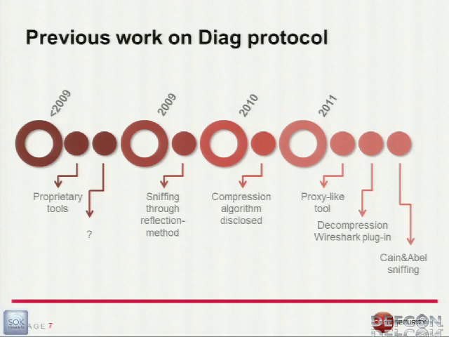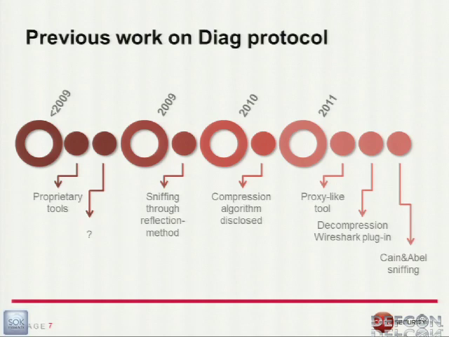So in 2010, Dennis Yurichev published in his blog an article where he found that the compression algorithm being used in the protocol is the same as the compression algorithm used in the MaxDB open source product.